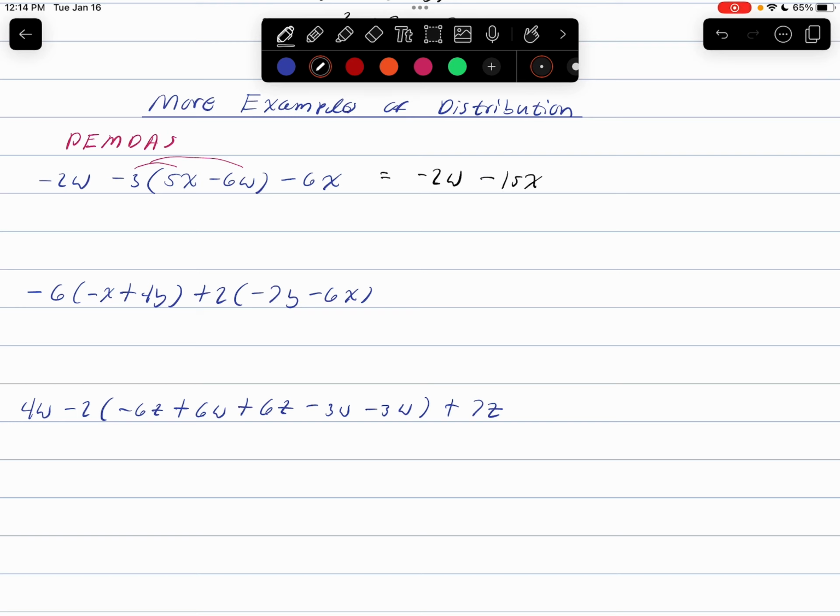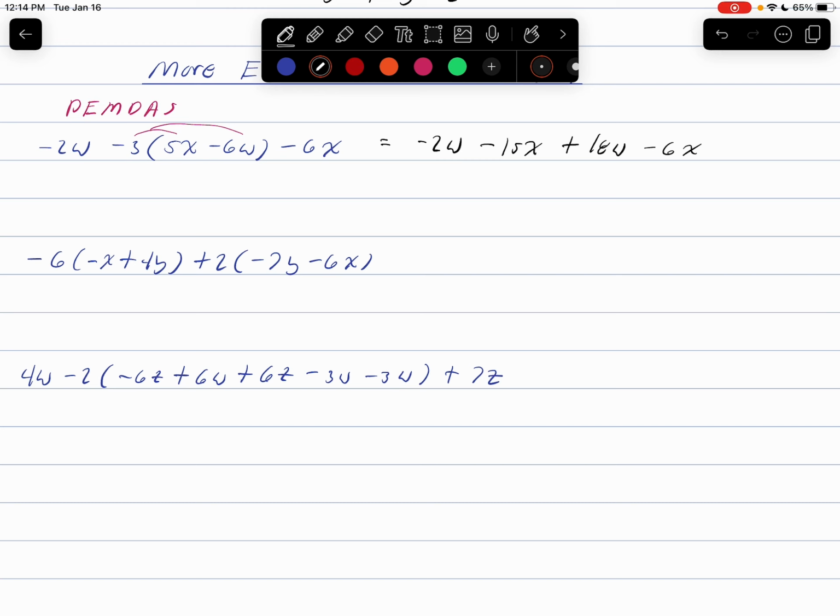And the negative 3 times the negative 6w is going to give us plus 18w, because negative 3 times negative 6 is positive 18, and we just keep the w there. And then we also have this negative 6x out here as well.